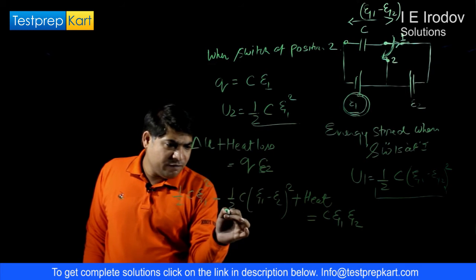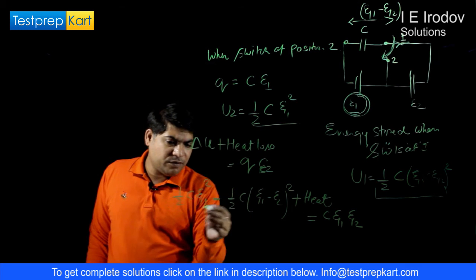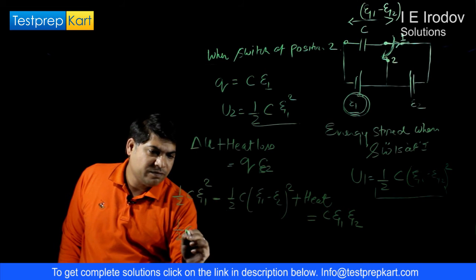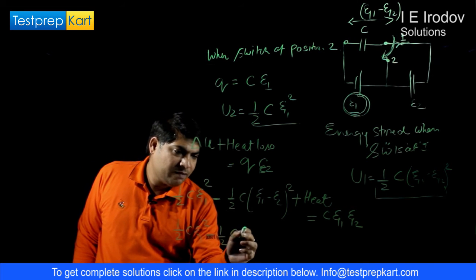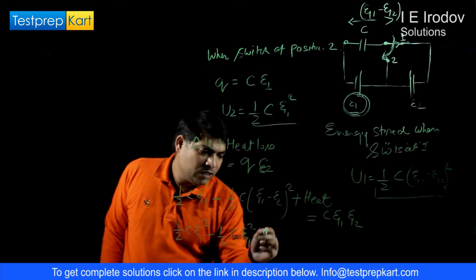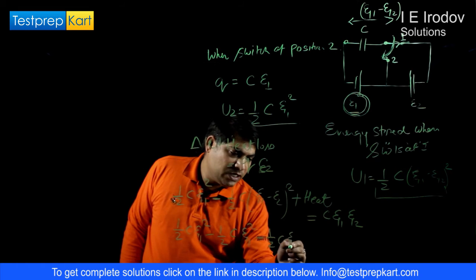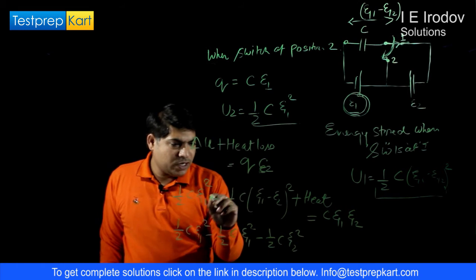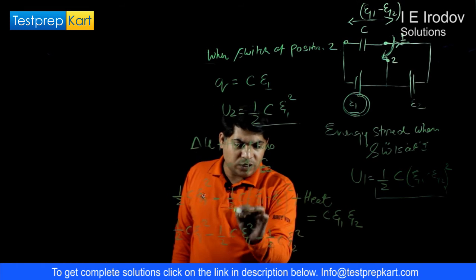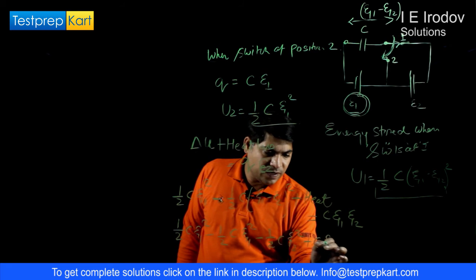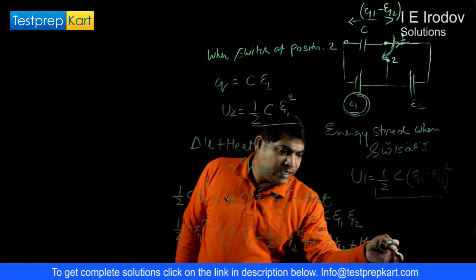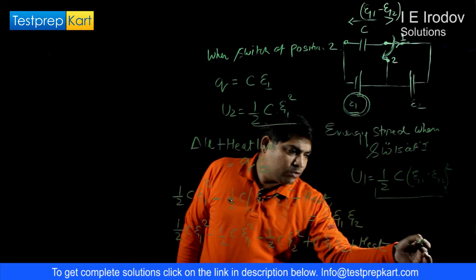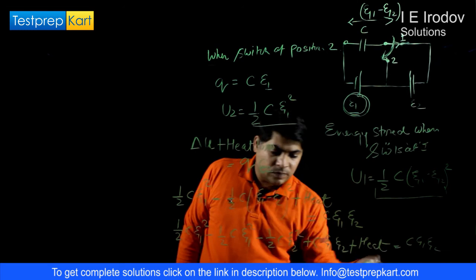Now see, if we open this bracket, then from here we'll get half C E1 square minus half C E1 square minus half C E2 square plus 2C E1 E2 divided by 2. So this is C E1 E2 plus heat, and that is equal to C E1 E2.